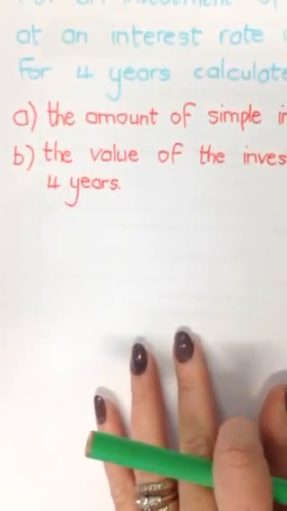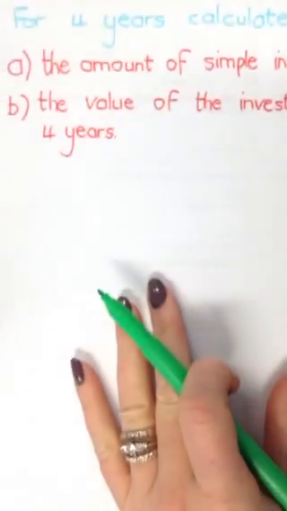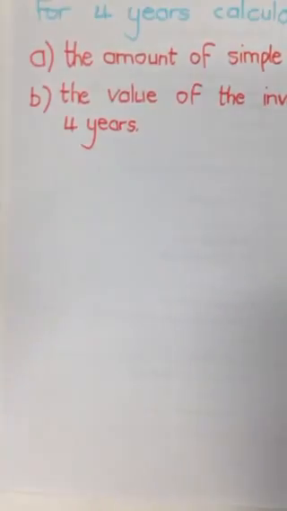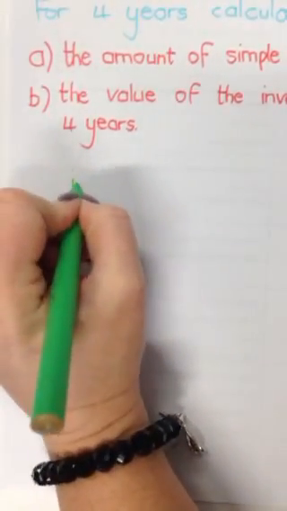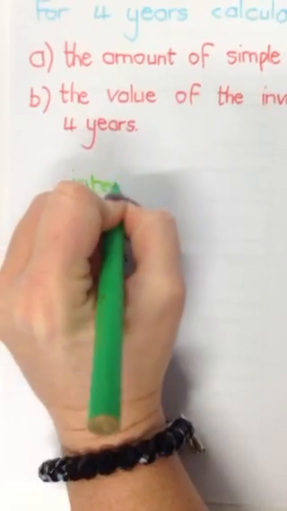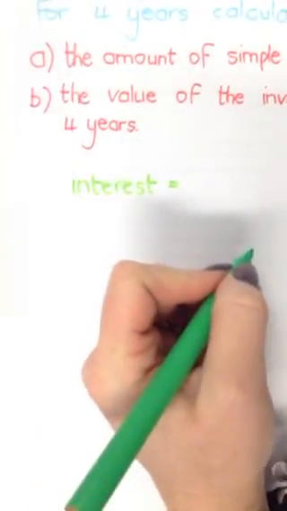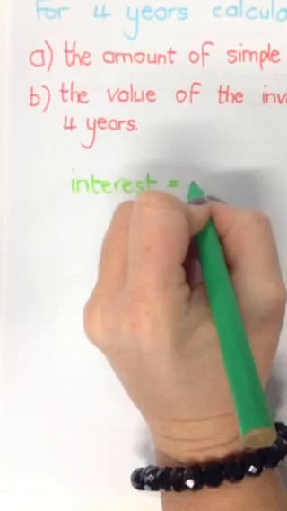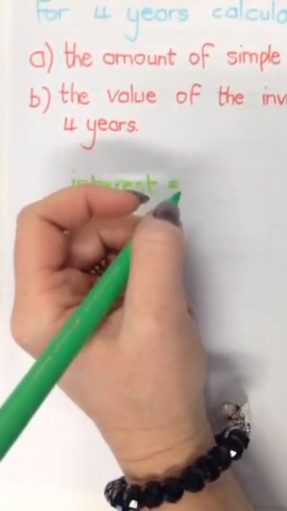So to work out simple interest, now this is something that I want you to write down because this is your formula. So your interest, so please be writing this down, okay? Interest is equal to the principal. Now when I say the principal, that is your amount, the amount you start with, okay?